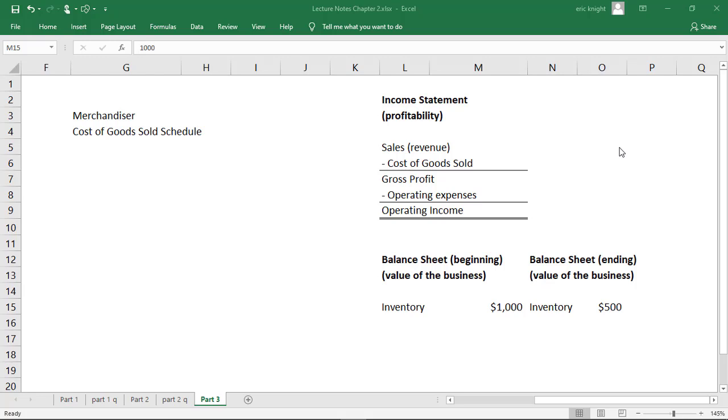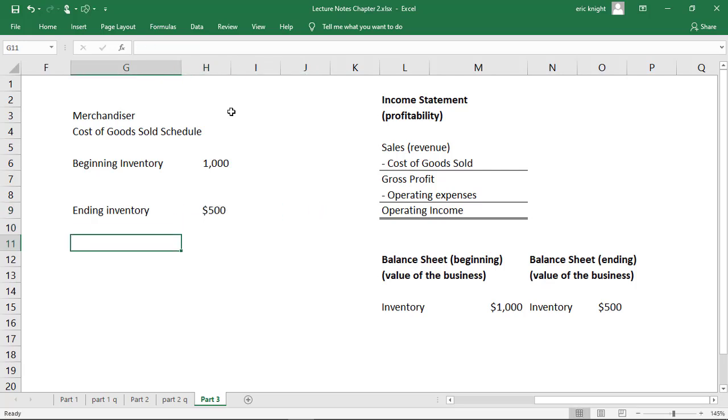Like these are the skateboards on our shelves, of $500. So if we want to do a cost of goods sold schedule, if we took the beginning inventory of 1,000 and we compared it to the ending inventory of 500, we might say, well, that's going to help us to get our cost of goods sold.